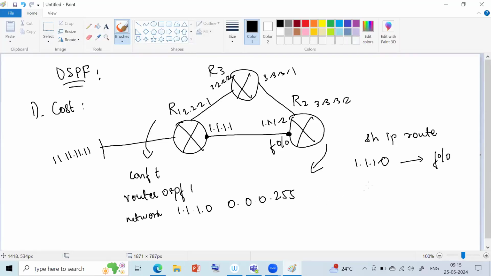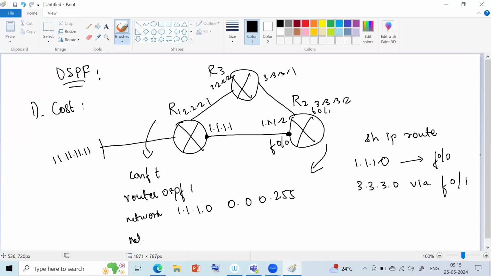Then it has the 3.0 network, which is connected via F0/1. Also, it knows about the 11.0 network, but only if you advertise it.